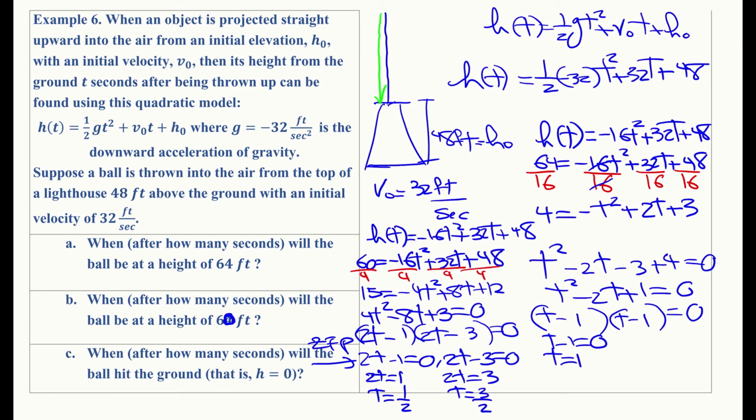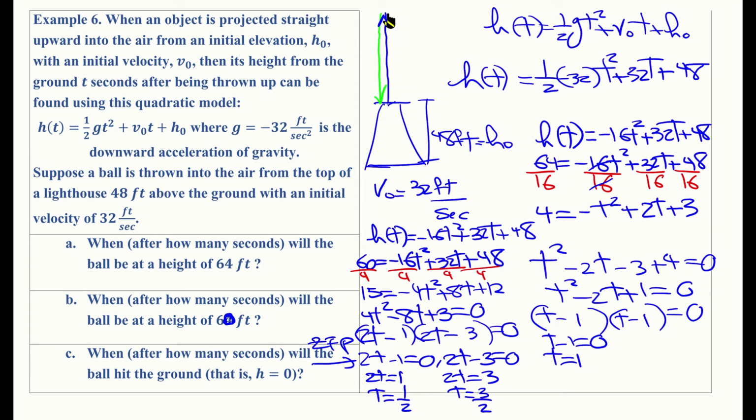I drew it a little bit separately just to show what's going on, but that's what's going on with the trajectory of the ball. It's going to go straight up, stop, fall straight down, right? So notice that every height other than that maximum height, the ball is going to reach twice.